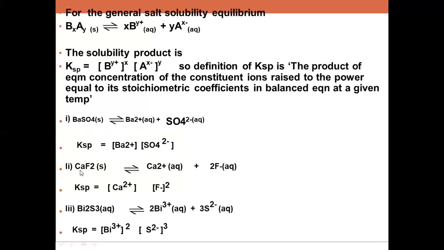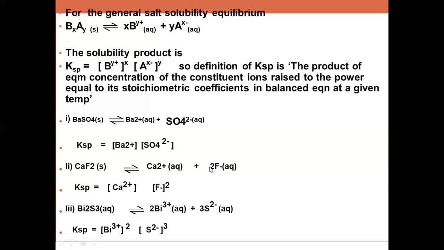Then another example, CaF2. It dissociates into Ca2+ and 2F- ions. Then Ksp is equal to the concentration of Ca2+ into the concentration of F- to the power 2.